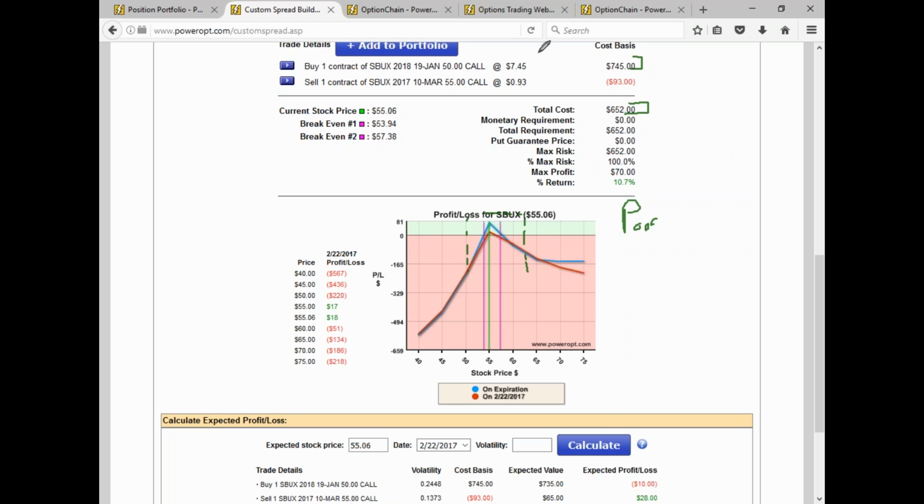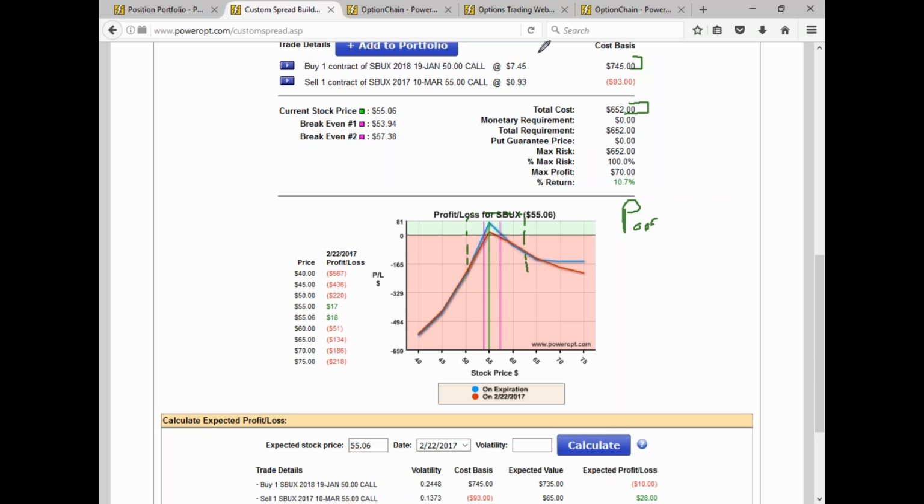Remember, if I got into a covered call right now, did that same setup, with the current prices, of course, and we bought 100 shares of Starbucks at 55.06. I'm just putting this in on another screen. Don't worry, you'll see it in a second.